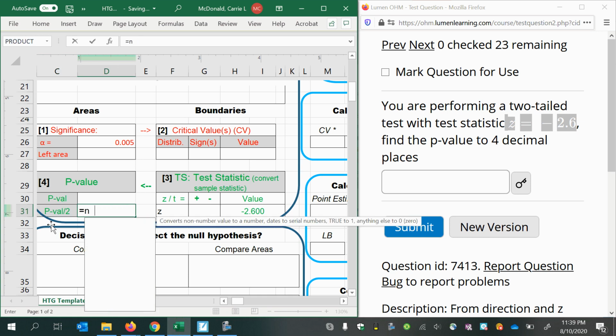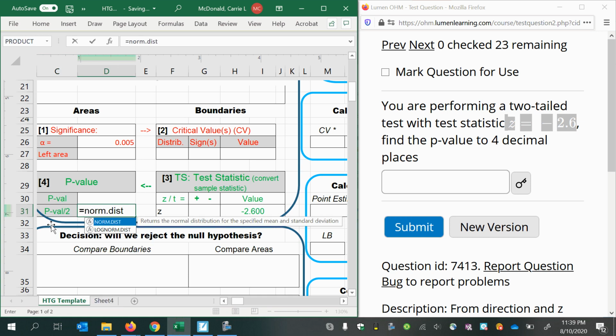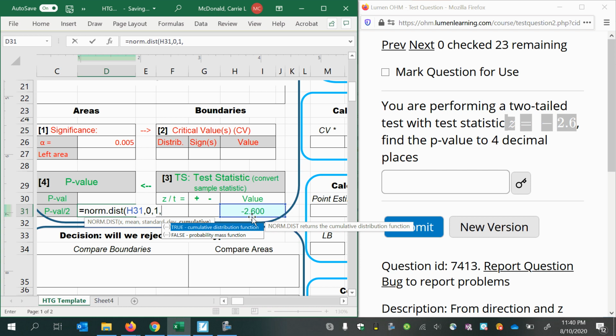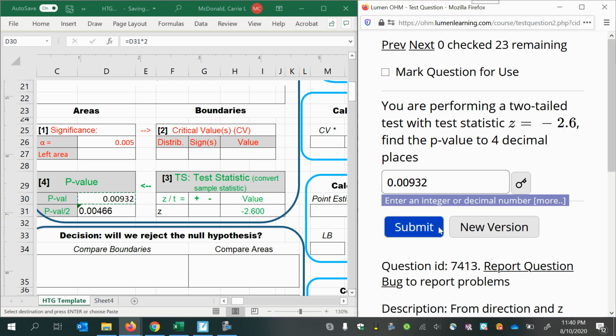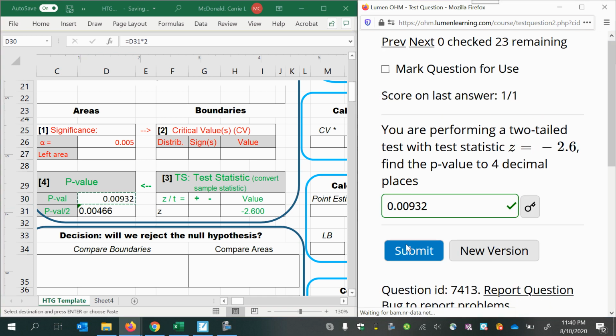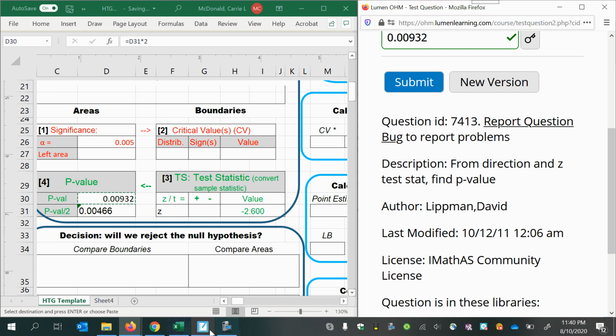That would be norm.dist for my negative z-score with a mean of 0, standard deviation of 1, 1 for cumulative. And that's only half of it, so we need to take it and multiply it times 2, and that'll give us our final answer. And we are done. So that was enough examples of this type of problem.